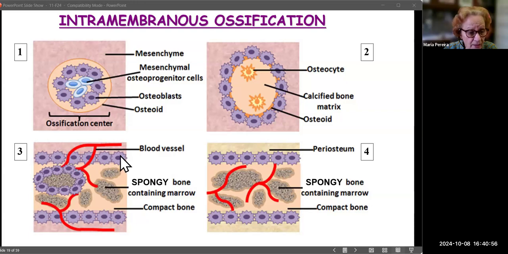But on the outside, you have the osteoblasts that will give rise to compact bone. So you start with an ossification center that will eventually transition to calcified bone, and then you have spongy bone and compact bone forming from this ossification center, again giving rise to a bone with a specific shape, with the periosteum on the outside, the compact bone, and the spongy bone in the middle.